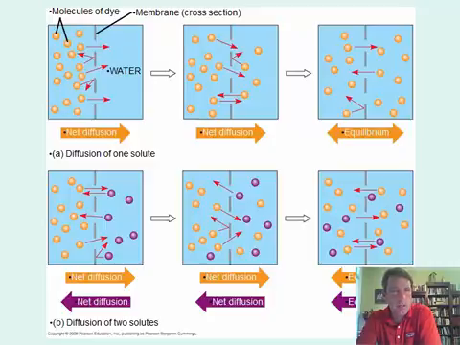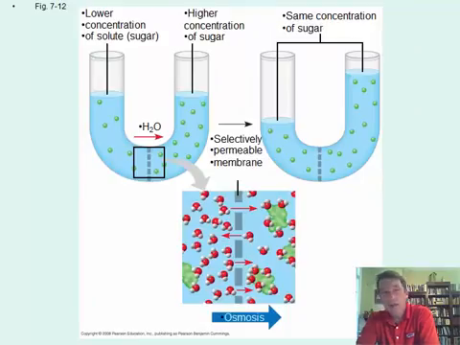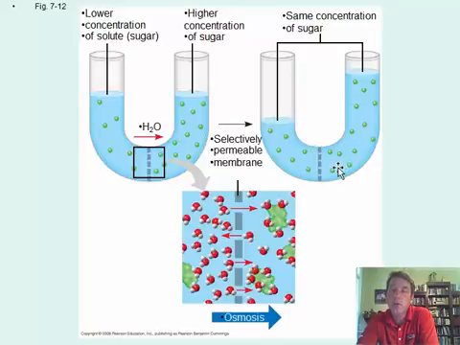Another example is osmosis. Osmosis is a kind of diffusion of water molecules. So it's specifically diffusion of water molecules. Here's our membrane right here in this tube. So we have a solute over here and a solute over here, and the water molecules tend to move to an area of higher concentration to an area of lower concentration until we reach that equilibrium.